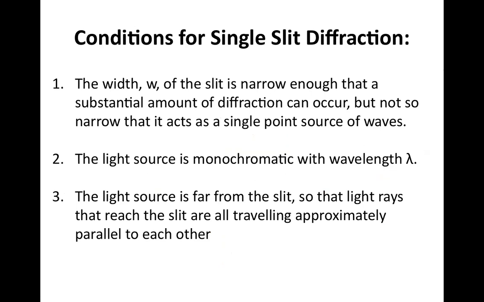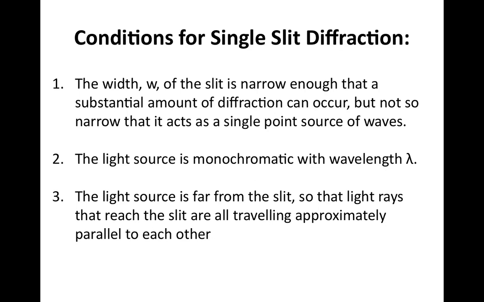So if you remember, there's criteria for diffraction when you compare the wavelength and the width, W and lambda. So that comes into play here. And so for number one, for example, if the slit width was 100 microns, that would be considered a slit where there's substantial diffraction, but not just a single point source of waves.